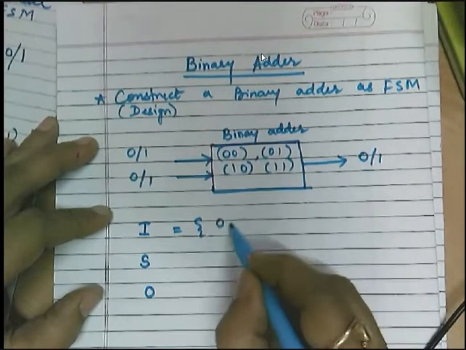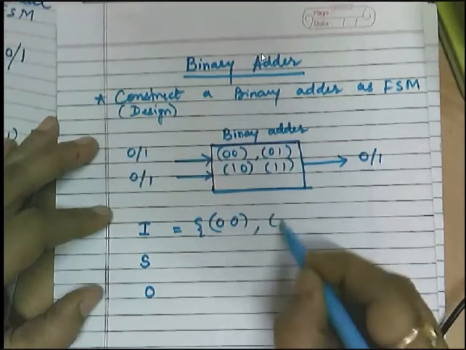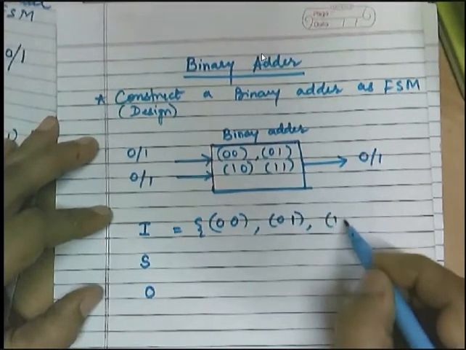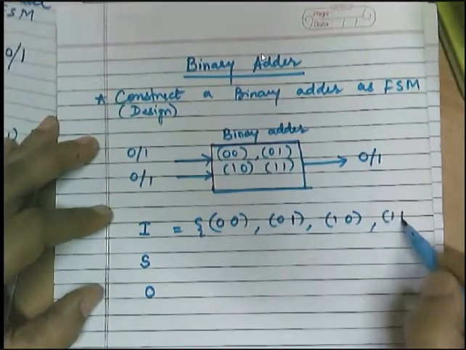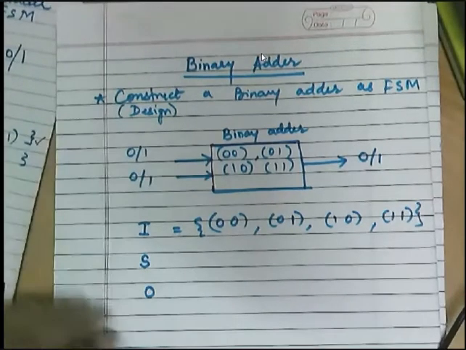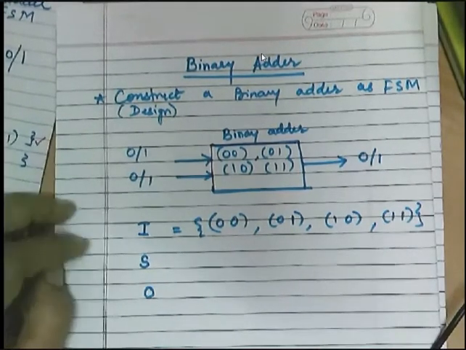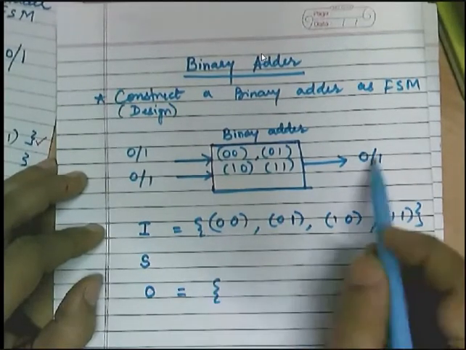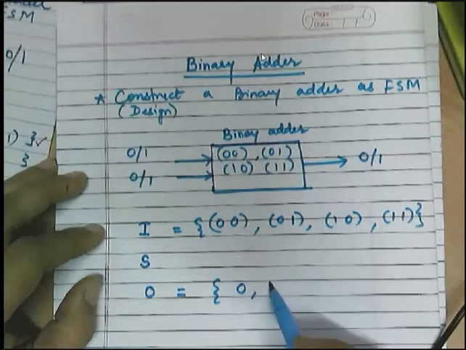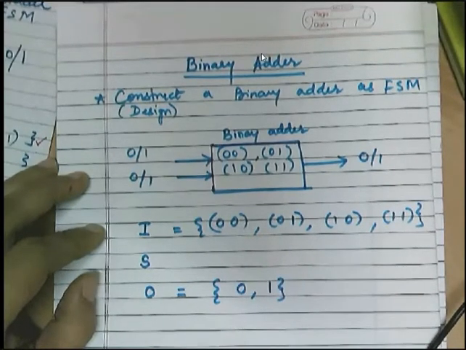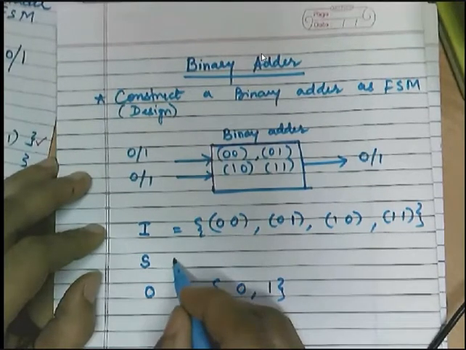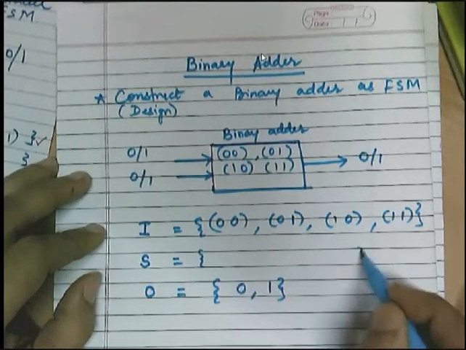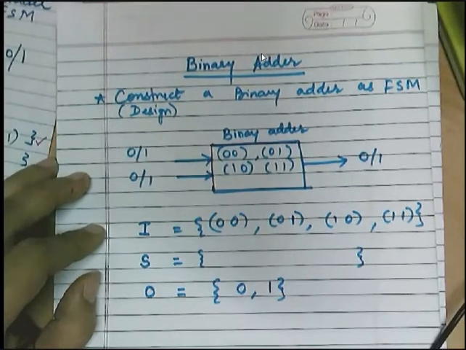Definitely my input set will be 0 0, 0 1, 1 0, and 1 1. My output will be either 0 or 1. Now the difficulty is in this part: we don't know how many states will be required, or how to identify different states.